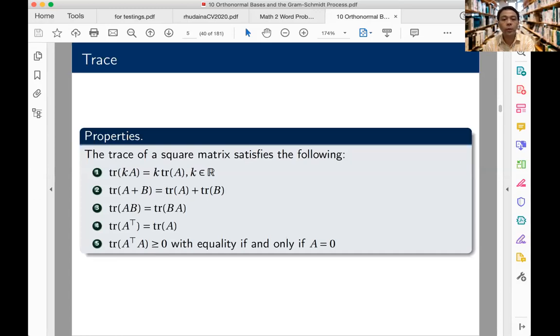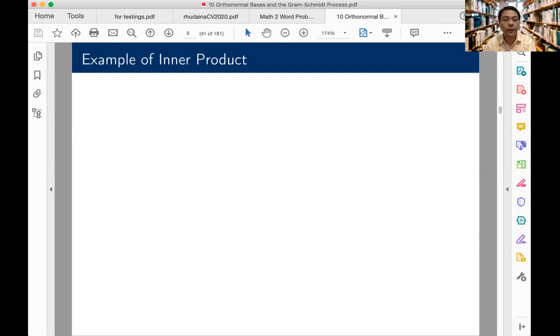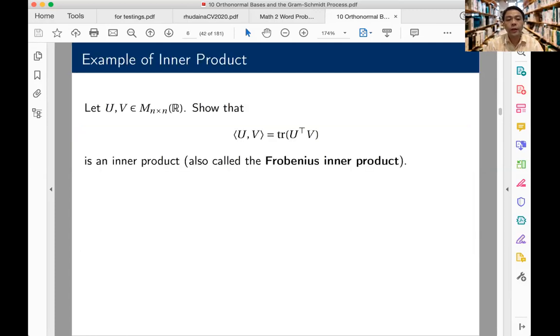So with this, we want to define an inner product. So consider n by n or square matrices U and V. Let's define this product. Firstly, let's just call it a product. Then if it satisfies the inner product axioms, we call it an inner product. So consider the product UV defined as the trace of U transpose V. Is this an inner product?